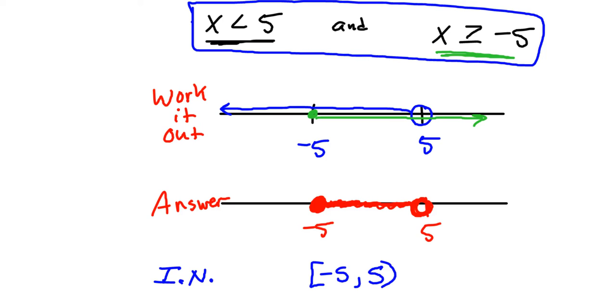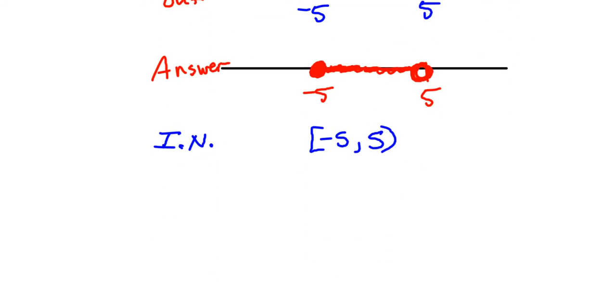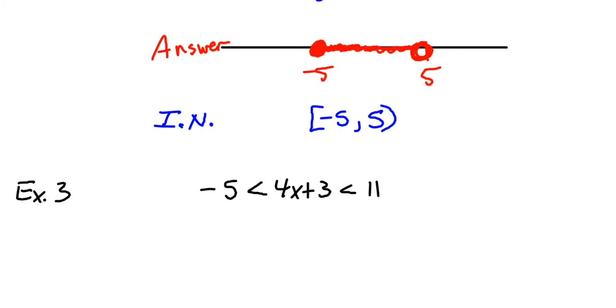Okay, and then one last problem. Let's go -5 less than 4x plus 3 less than 11. And for this one, they don't tell you if it's an and or an or.